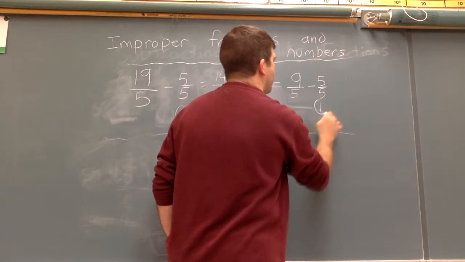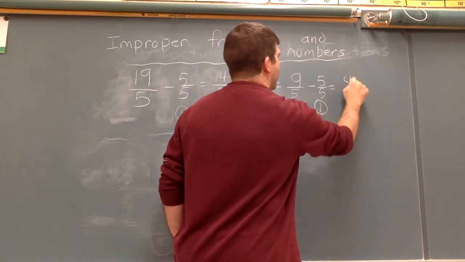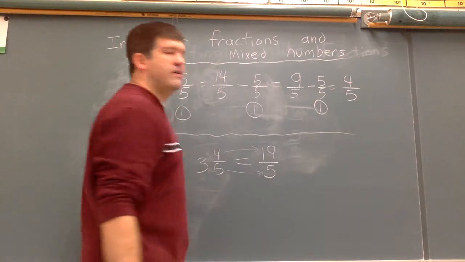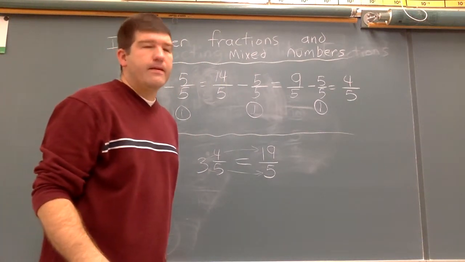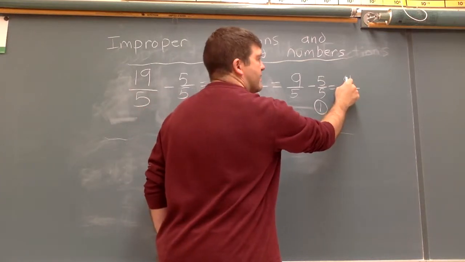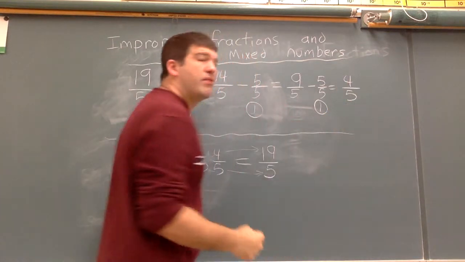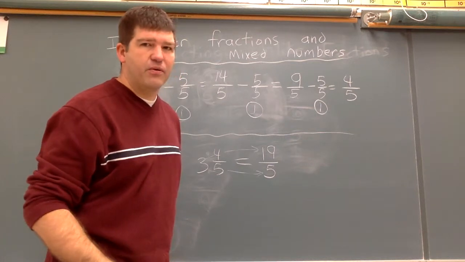Take another whole away. Now I get 4/5. Now with 4/5, I don't have any more whole. Like I have less on top than on the bottom, so I don't have enough for a whole. I can't take another whole away.